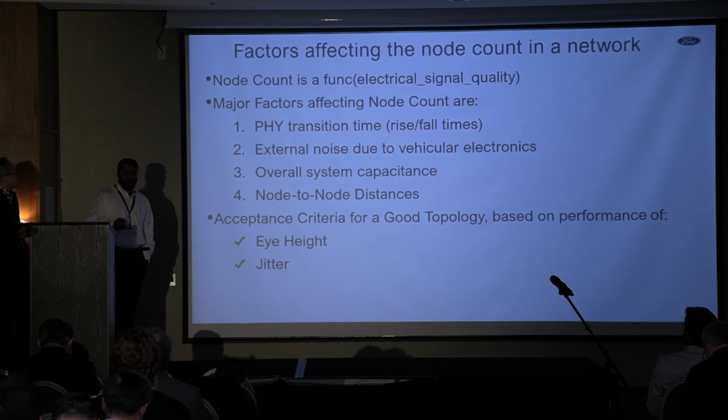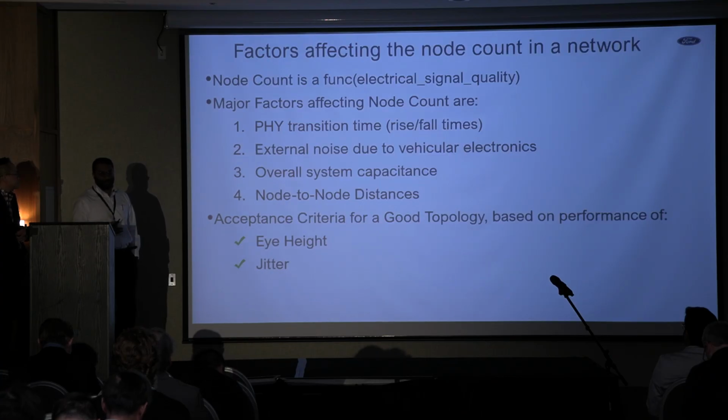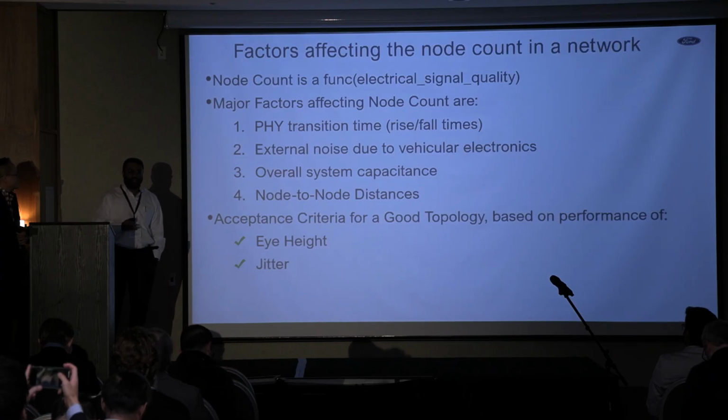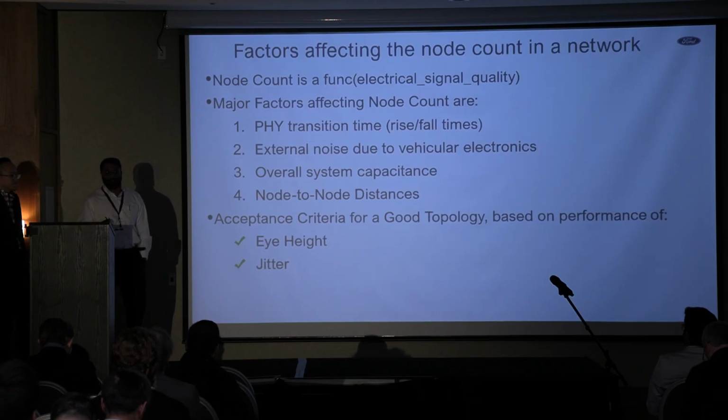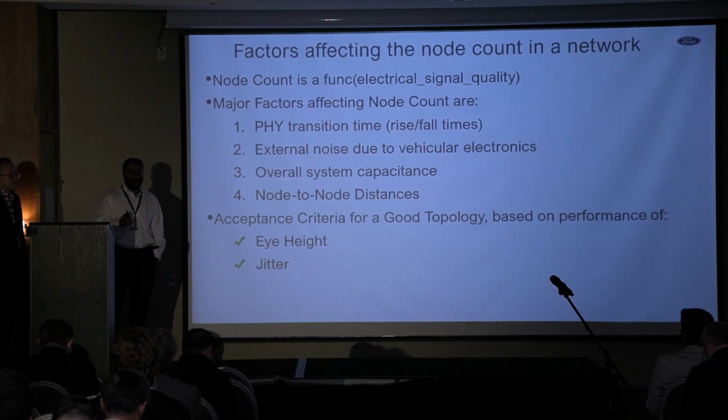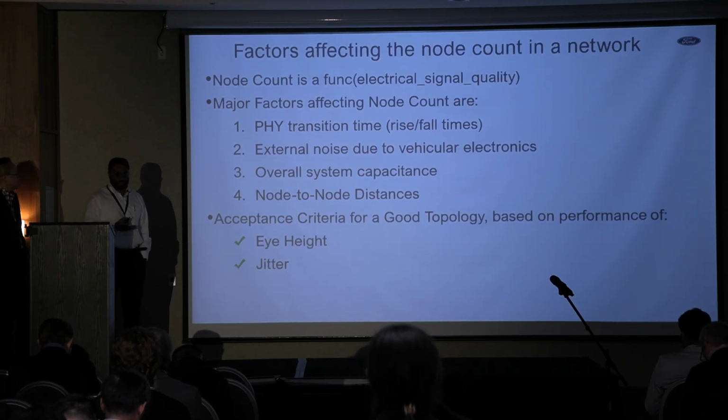As we analyzed the system, one of the major factors that we saw affecting the node count was the electrical signal quality. We figured out that the electrical signal quality was the main factor contributing to the node count analysis.